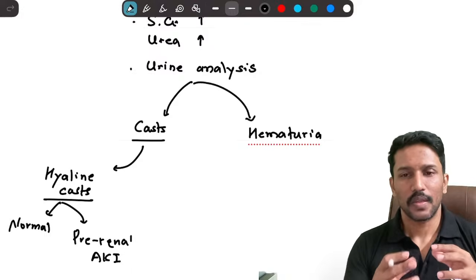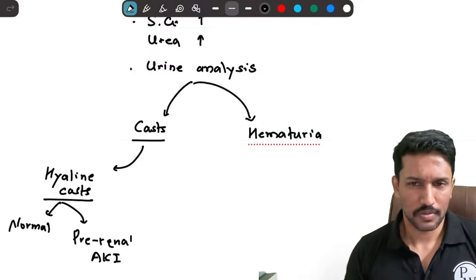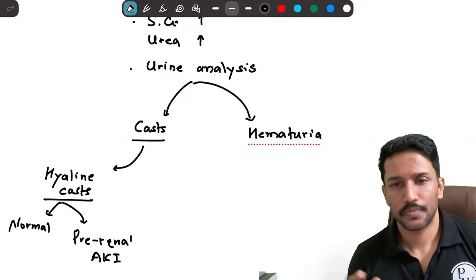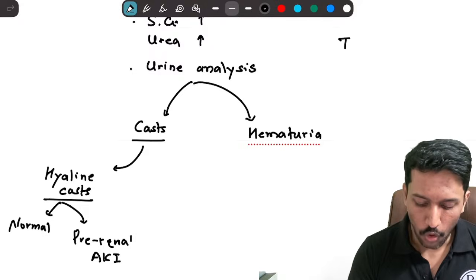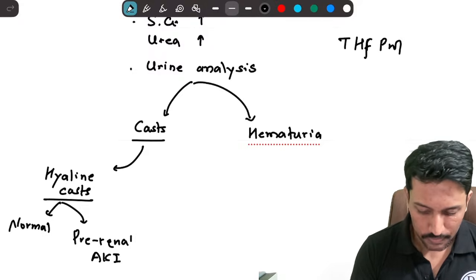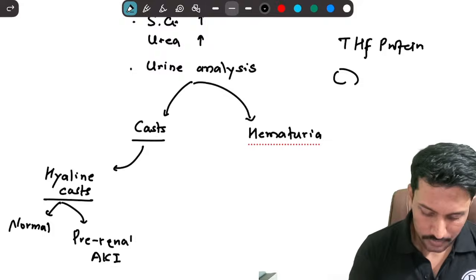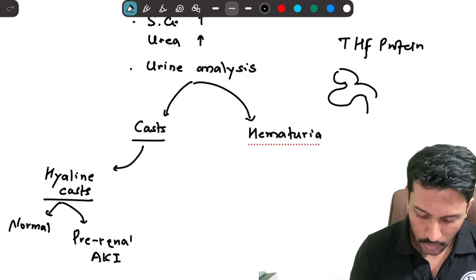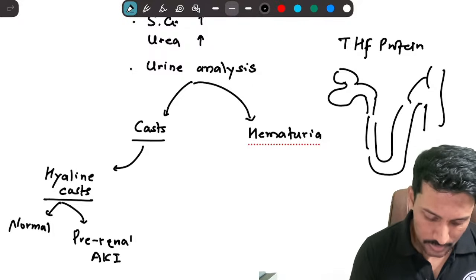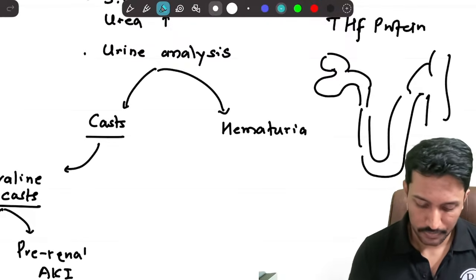The kidneys generally do not filter the large molecular weight substances, but some small molecular weight proteins do get filtered out. And we call those proteins Tamm-Horsfall proteins. So when we filter to create what we call glomerular filtrate, this filtrate generally doesn't contain albumin or other large molecular weight proteins.